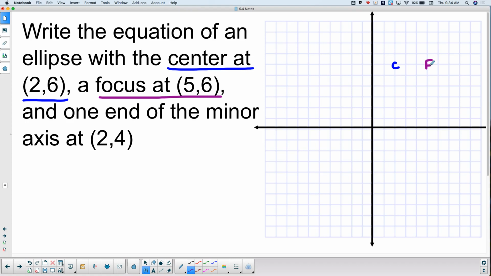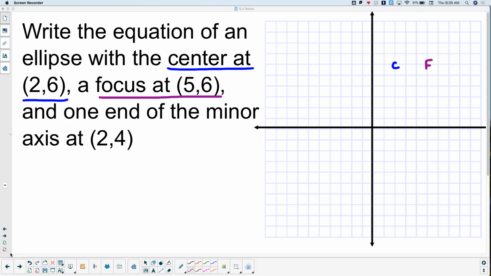Which means a squared has to be what in relationship to b squared? If I look at the two numbers, a squared and b squared, which one's going to be bigger? A squared, because it's a horizontal one.